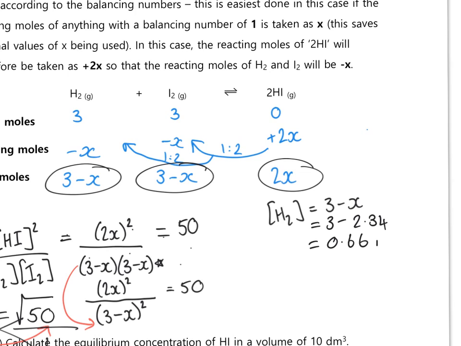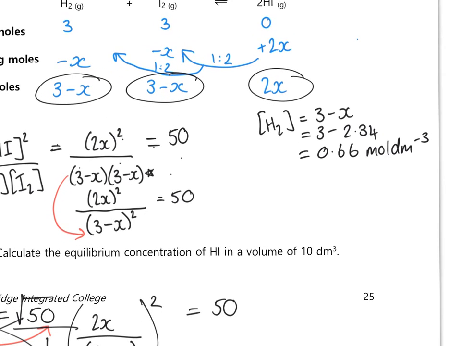And units, yes. So the concentration of hydrogen is 0.66 moles per decimeter cubed. The equilibrium concentration of iodine is also 3 minus x, which is 3 minus 2.34, which, funnily enough, turns out to be the same as hydrogen.